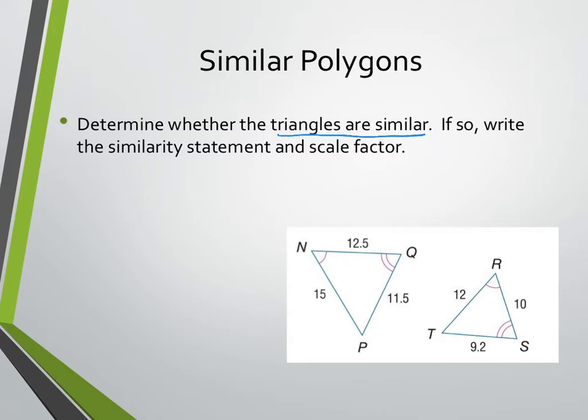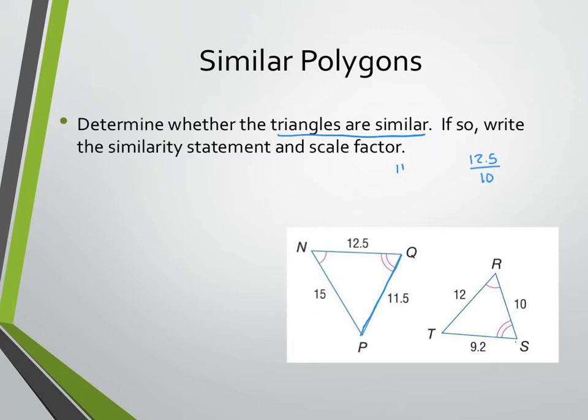So here we go. I want to orient myself so I see that NQ is corresponding to RS over here. So I have 12 over 10, or 12.5 over 10 as one of my ratios. Then see the two corresponding angles to the blank one.